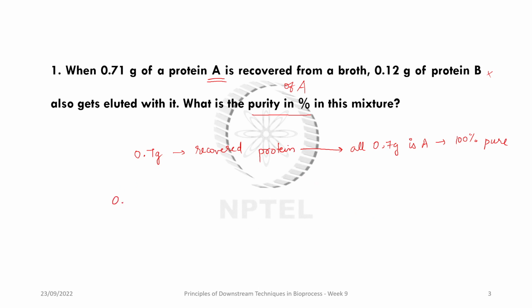But here we have 0.71 grams A, 0.12 grams of B, right?